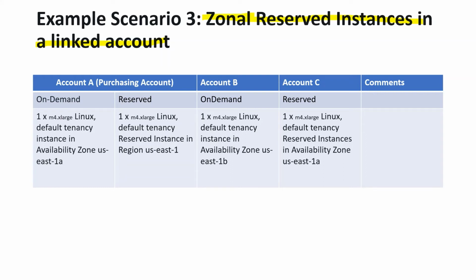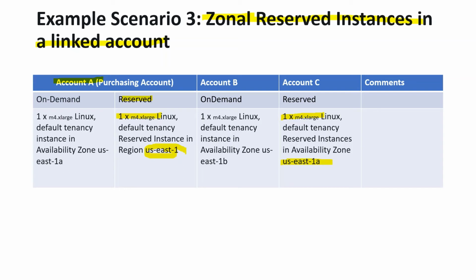For instance, on account A, we have reserved 1 m4.xlarge, and on account C, we have one m4.xlarge which has been reserved. The only difference is that account A's is purchased at the region level, but account C's is purchased at the availability zone level. The same instance is reserved on two different accounts.